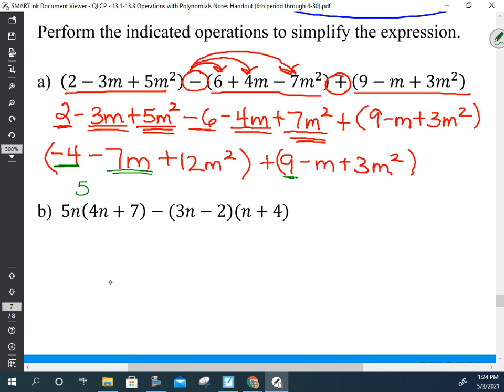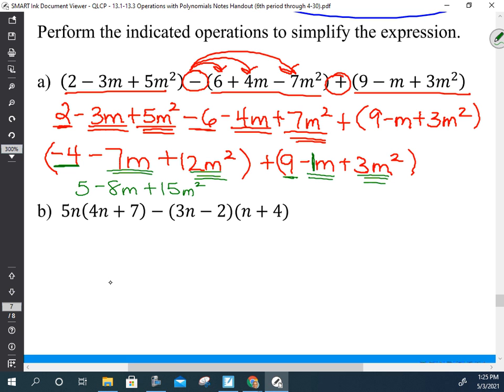Negative 7m goes with negative 1m. Negative 7 minus 1 is negative 8. 12m squared plus 3m squared is 15m squared. So now you've combined all the like terms.